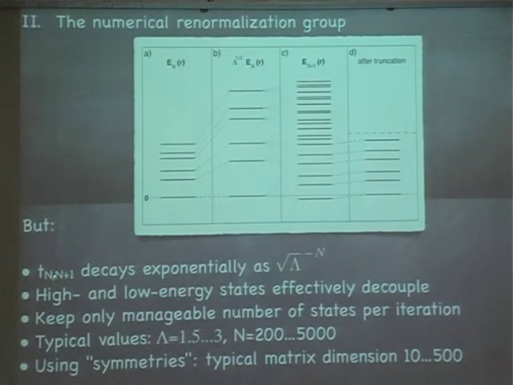And remember that these hopping terms decay exponentially as lambda to the minus n over 2. So they become smaller and smaller. That is, high and low energy states become effectively decoupled in the course of the iterations. And that means you can also only keep a manageable number of states per iteration because the other ones will never contribute to the low energy physics.